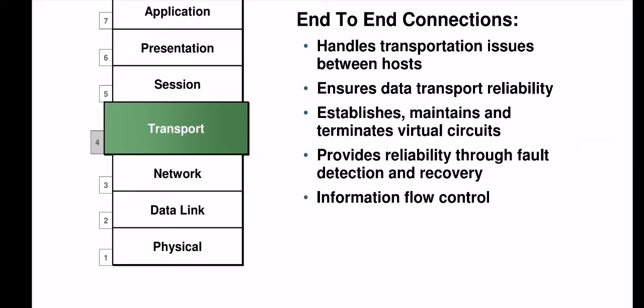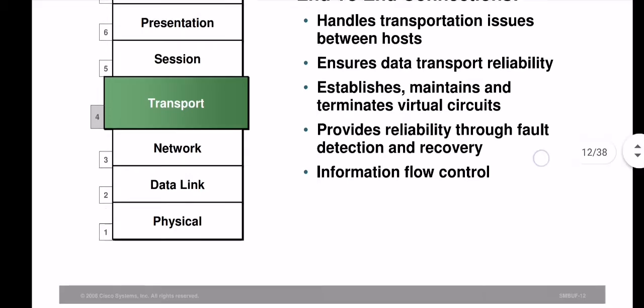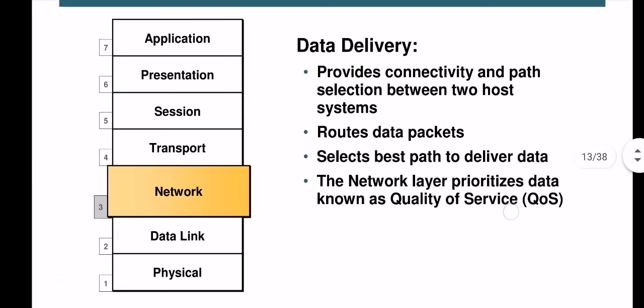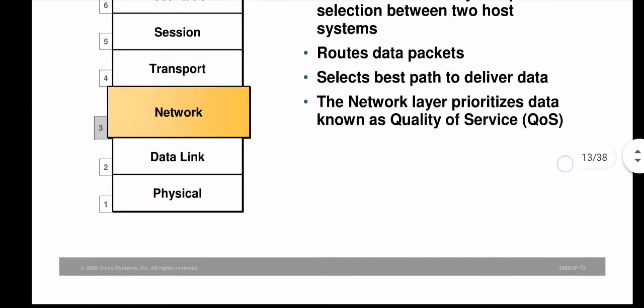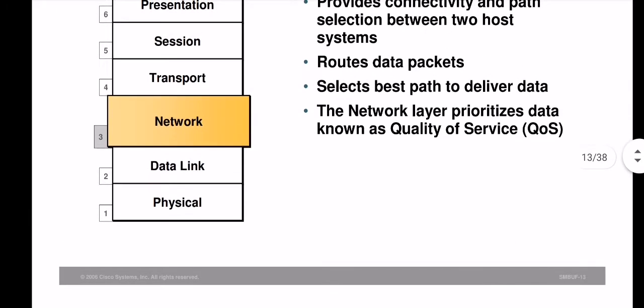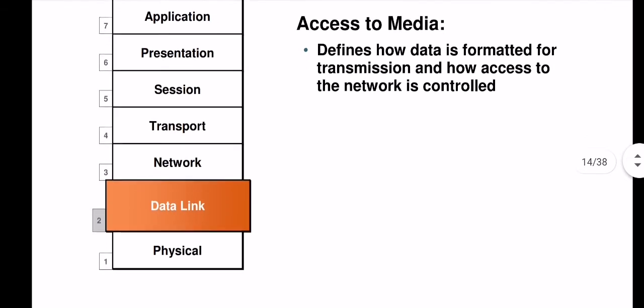So what happens is that there's windowing as well, where the speed of the cabling is sensed in a specific time. It's different from the speed sensing that the interfaces do, which also happens. Now we have the data delivery in the network layer, as we saw before, and we also have QoS happening there.